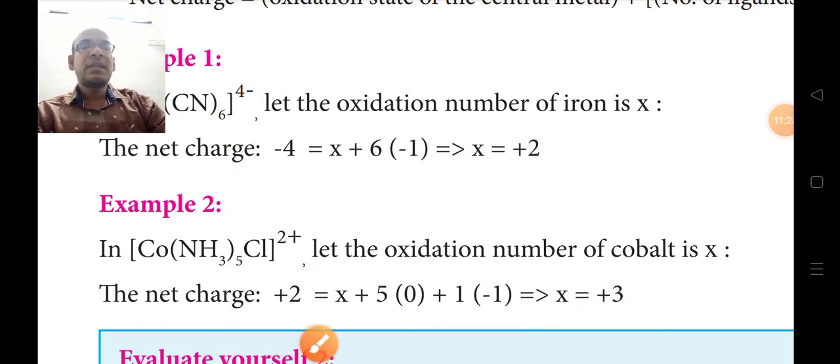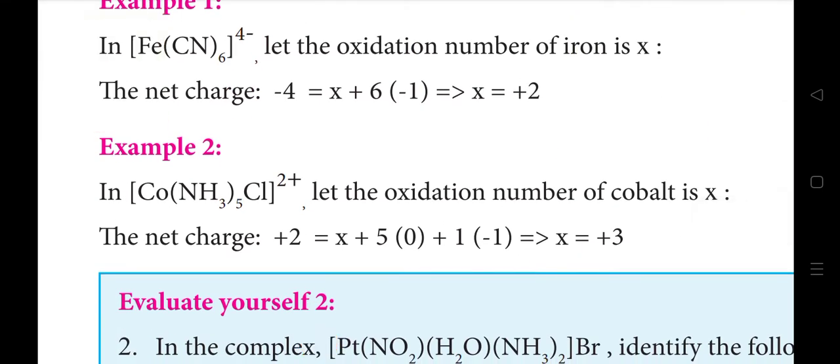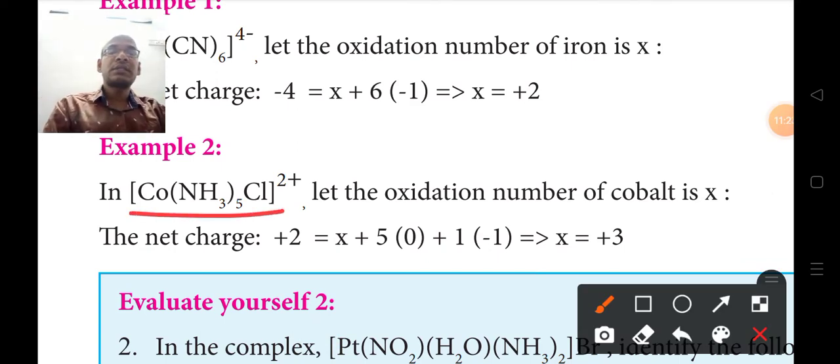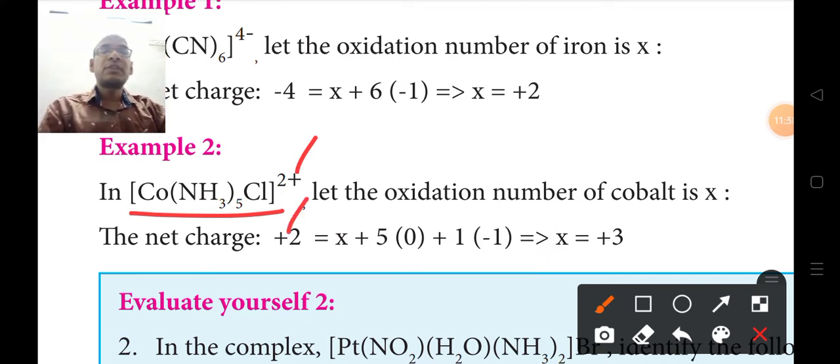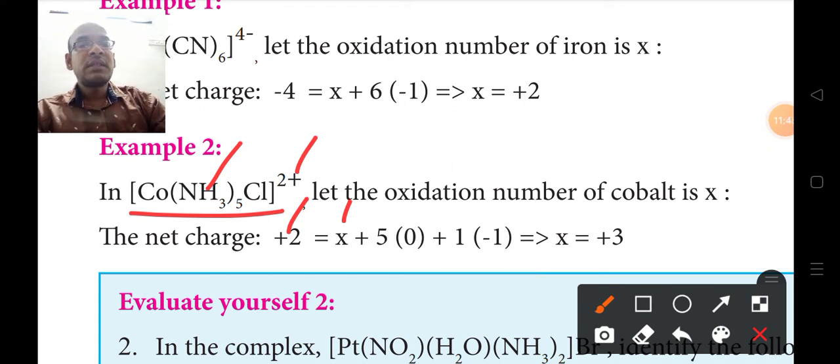Second example, for this coordination complex, net charge is plus 2. Central metal ion oxidation state taken as X. The ammonia NH3 is a neutral ligand, therefore net charge is 0, totally 5 ligands, therefore put 5 times 0, plus 1 Cl. 1 Cl charge is minus 1.